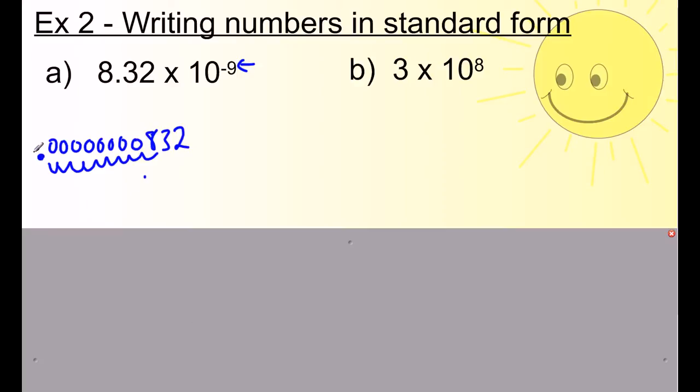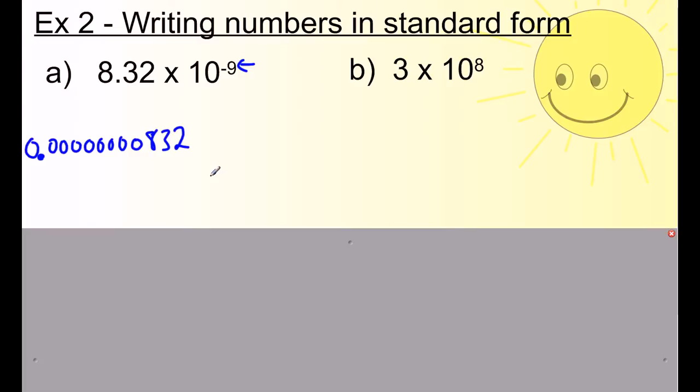And if you're the kind of person who likes to put a zero in front, you can do that. So it's 0.00000000832. So that would be my number, and I personally like to pretty this up, get rid of my little loopies underneath. That would be my number in standard form. It's very, very small, but that's what it is.